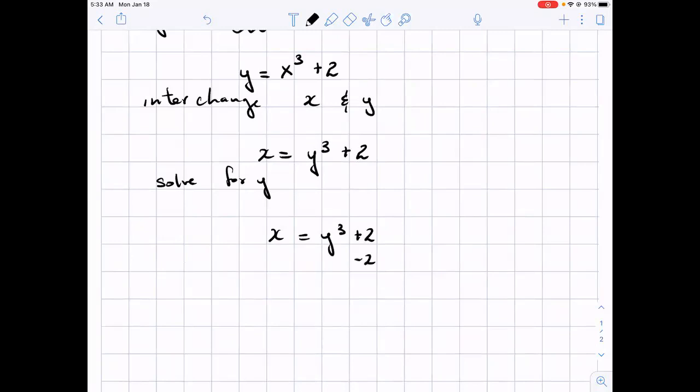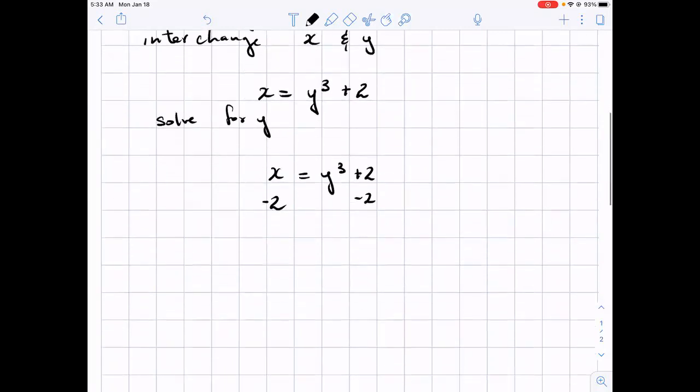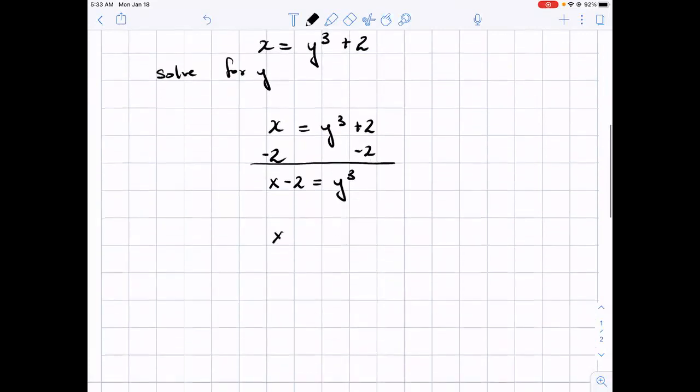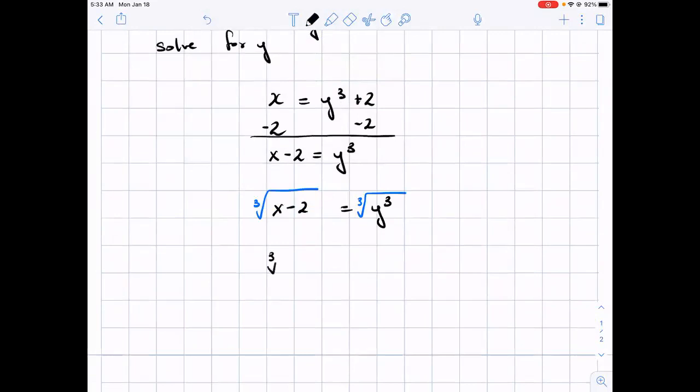So if we do that, we have x is equal to y cubed plus 2. So we minus 2 on both sides. So here we have x minus 2 is equal to y cubed. And then to get rid of the cube, we'll take the cube root of both sides. So now we have the cube root of x minus 2 is equal to y.